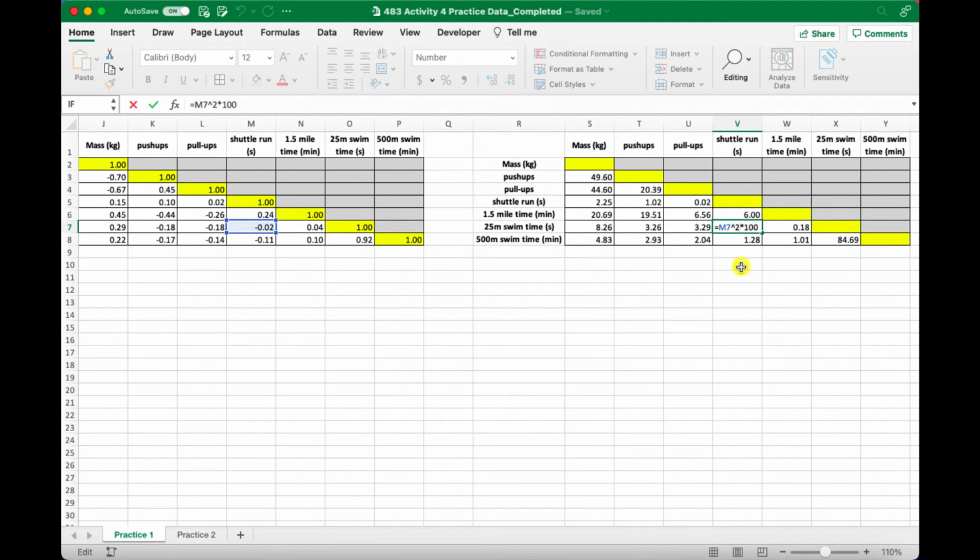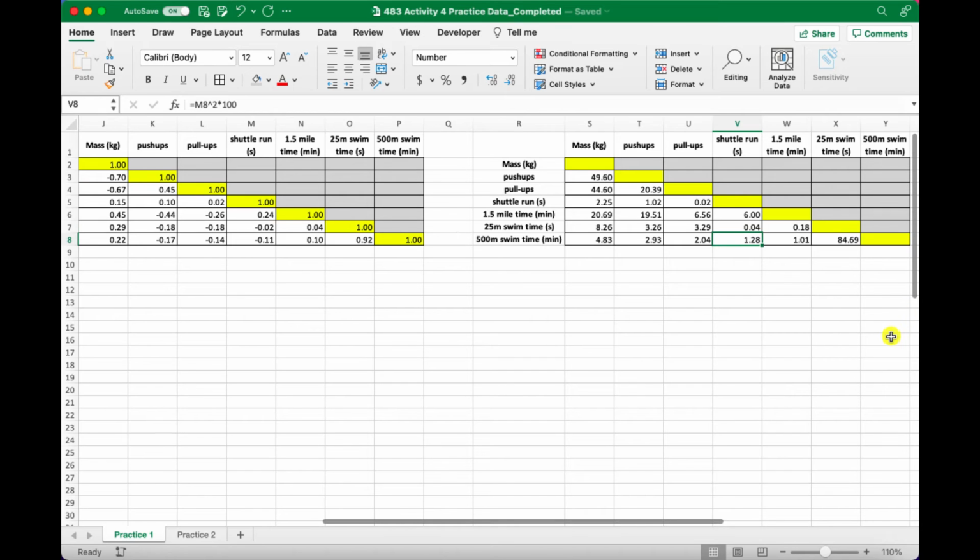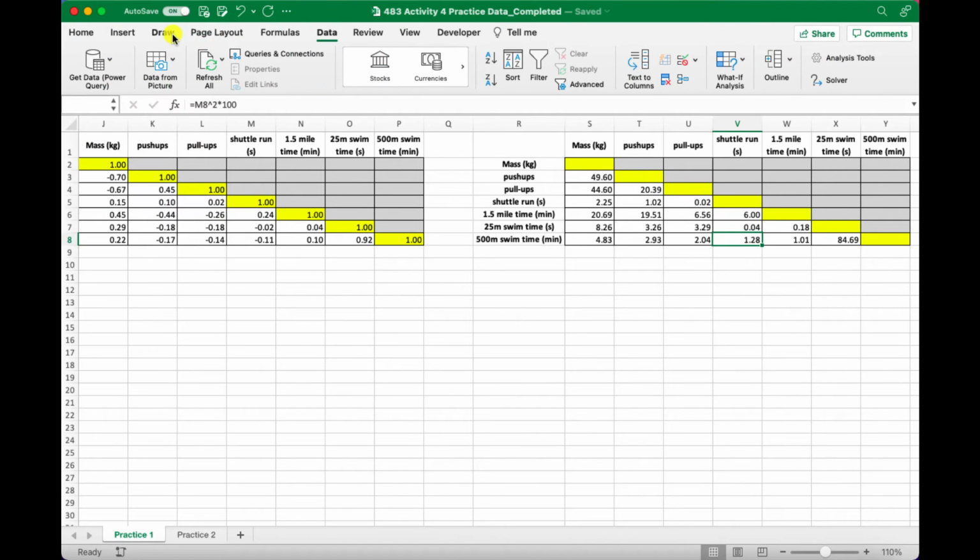Okay, and then I would again recommend that you double click in any cell just to make sure that the reference value is what you actually want it to be. But in this matrix now we have all of our coefficients of determination.